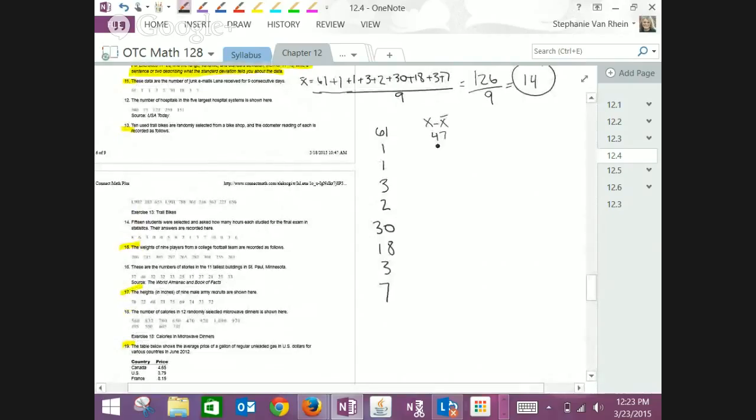So we have 47, 13, 13, 11, 12, 16, 4, minus 11, minus 7. And again, it doesn't matter if the negatives are there. It might even save you not to write the negatives because you don't want to add a negative number when we get to X minus X bar squared. And then you square them.